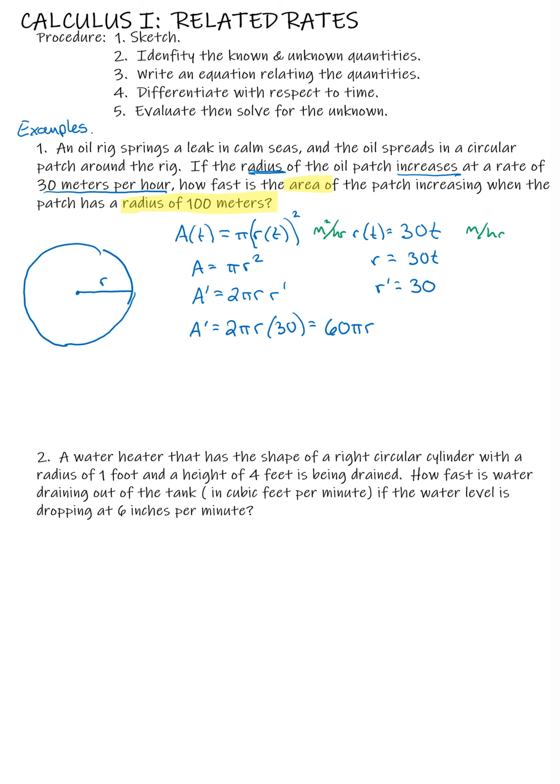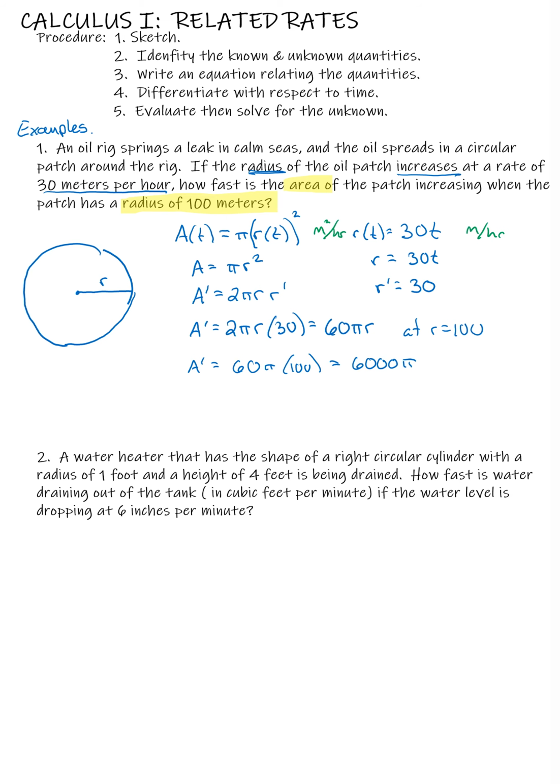Now here's where we're going to go back and use that the radius is 100 meters. So that gives us that A prime, the area, is changing at a rate of 60 times pi times 100, which is 6,000 pi.